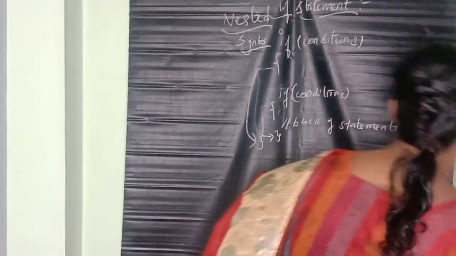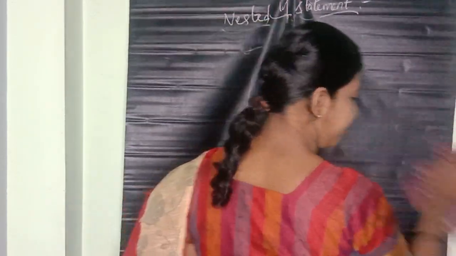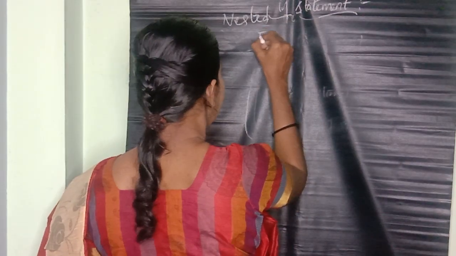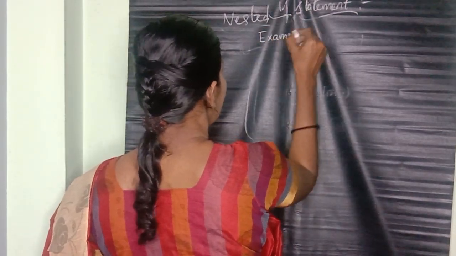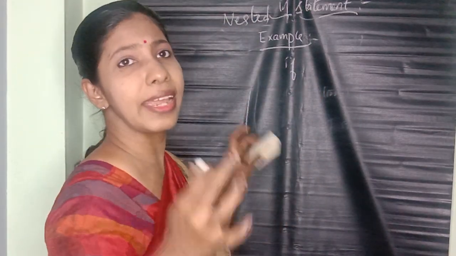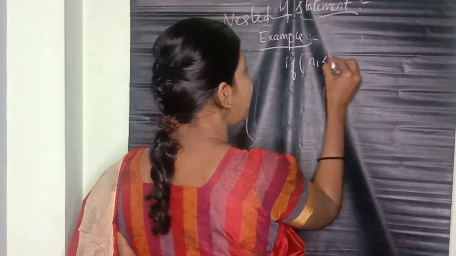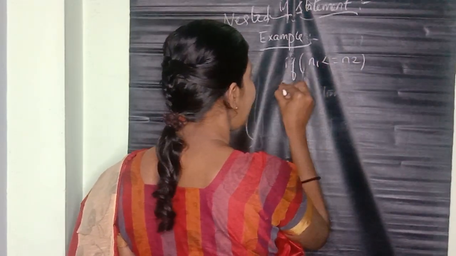Example. If one condition is again within another condition: if n1 less than or equal to n2, what happens?